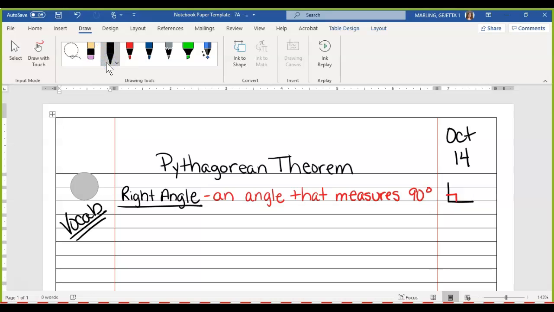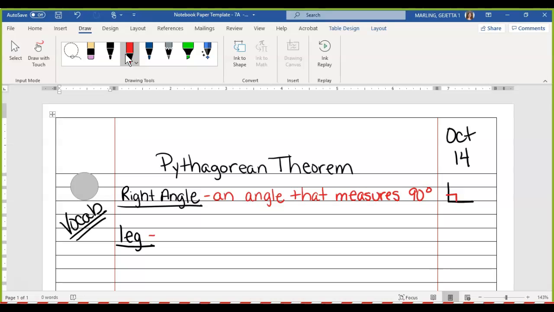Our second vocabulary term is going to be a leg. Now, I'm not talking about your leg connected to your foot. I'm actually talking about legs of a triangle, in this case specifically right triangles.